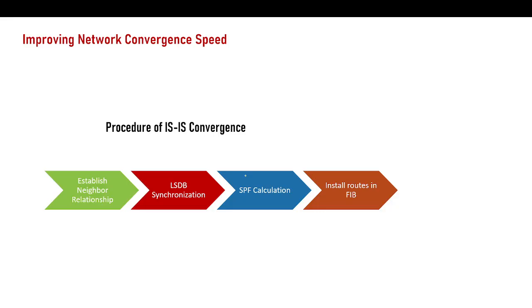Once we have had the SPF calculation, that's when we can now install these routes to the FIB, the forwarding information base. And once these routes are installed, that's when they can be used to forward traffic. So you can see that it's a process that takes place for the ISIS protocol to converge.